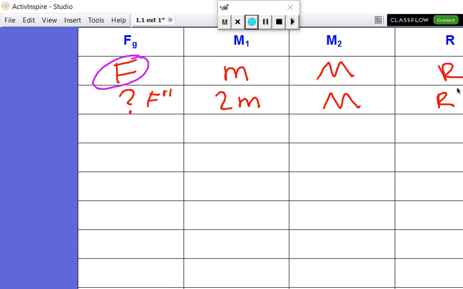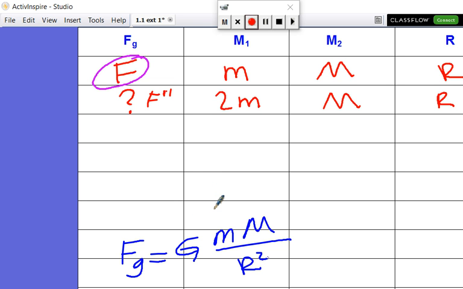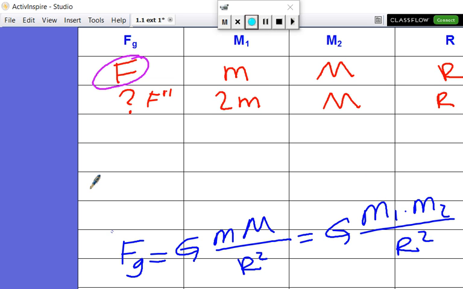Remember that the gravitational attraction force was G, a constant, times first mass times second mass divided by r squared. That's our case, because first mass, second mass, and radius squared.